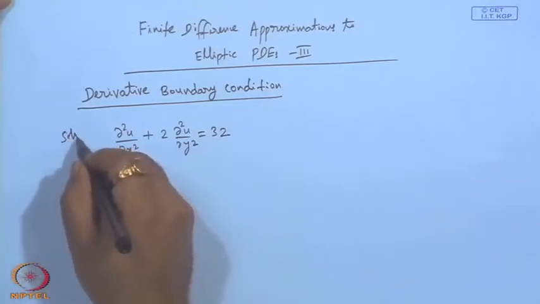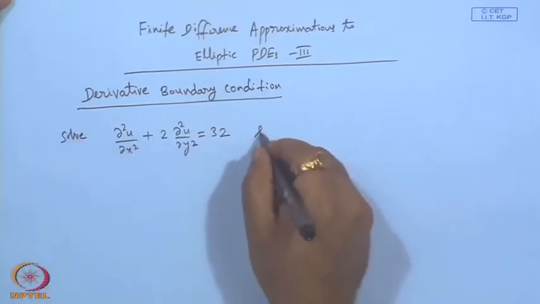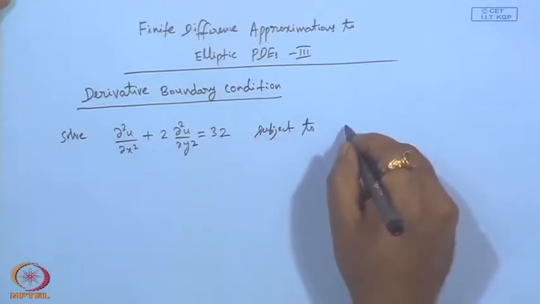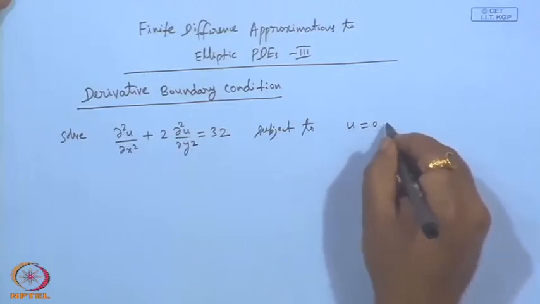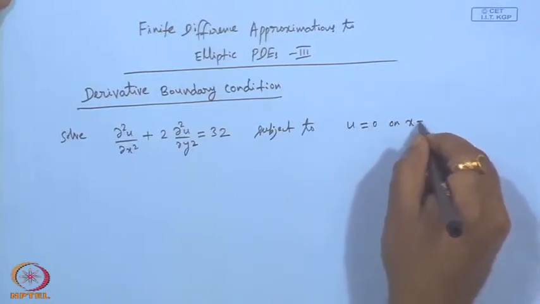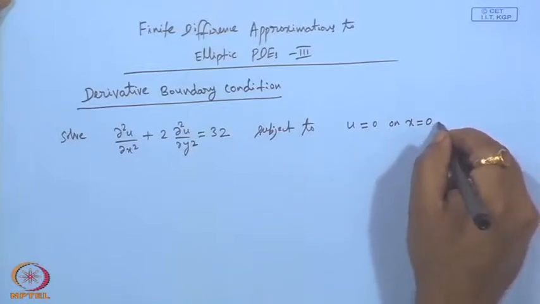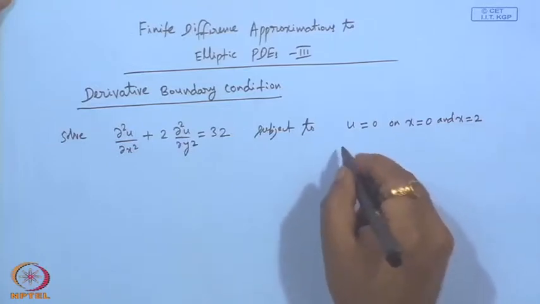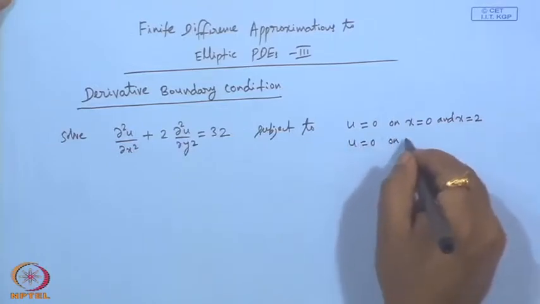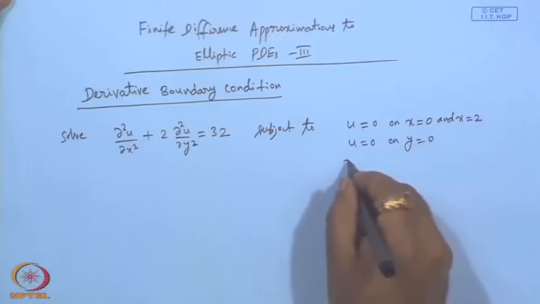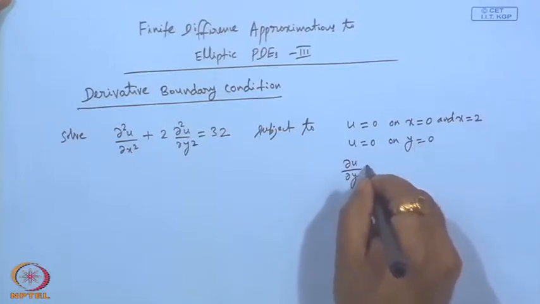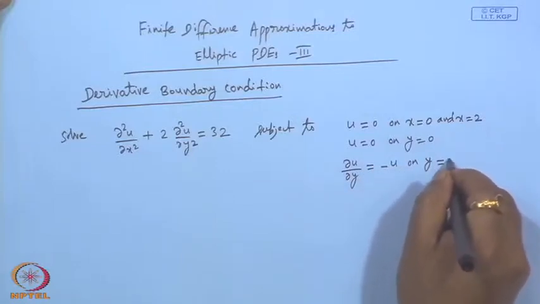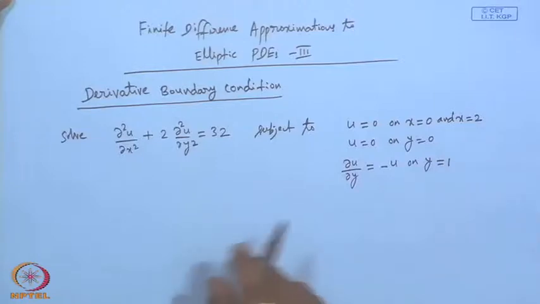Okay, so, we have to solve this subject to u is 0 on x equals 0 and x equals 2, then u is 0 on y equals 0, then dou u by dou y equals minus u on y equals 1. Okay.